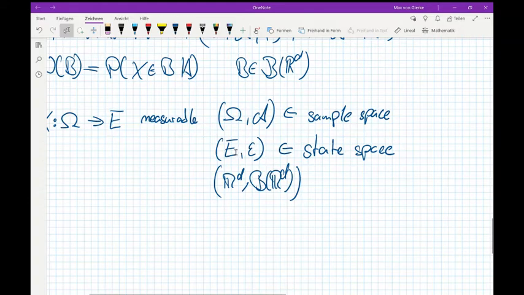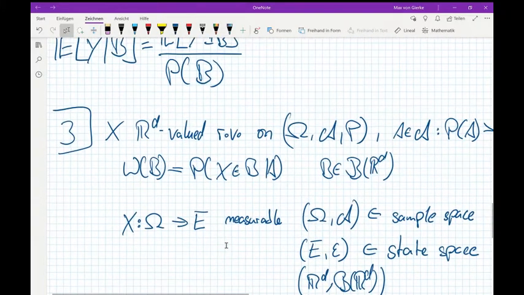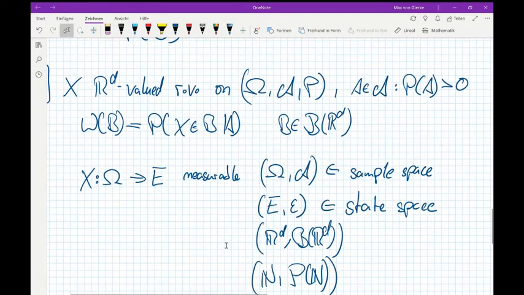If this is N or some countable set, then, well, if it's N, it's the power set of N, something like this. So when the problem set says that X is an R^d valued random variable, it means that it maps into R^d from Ω.